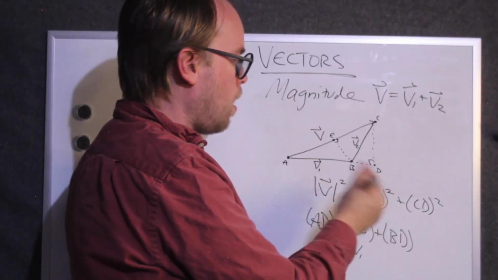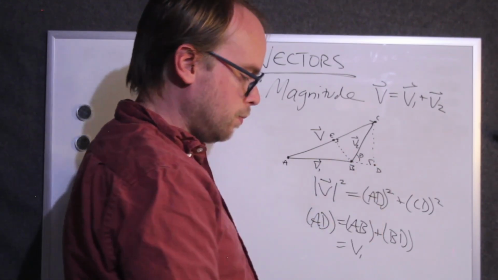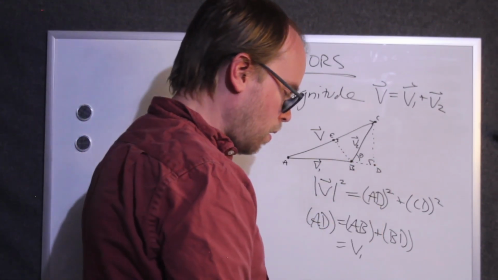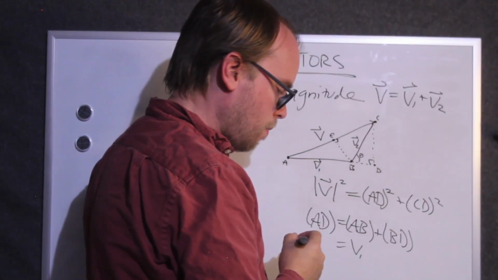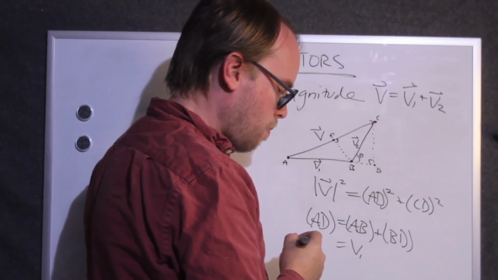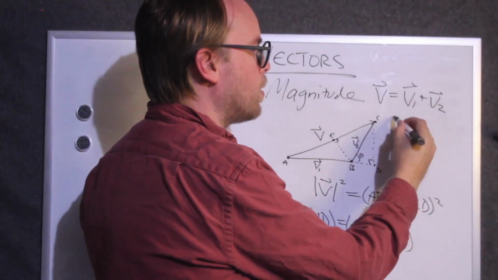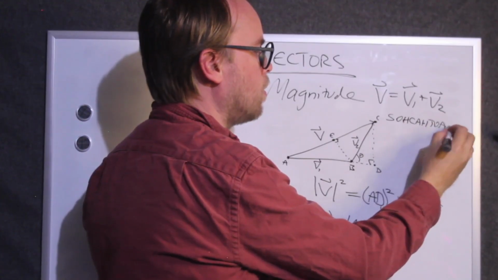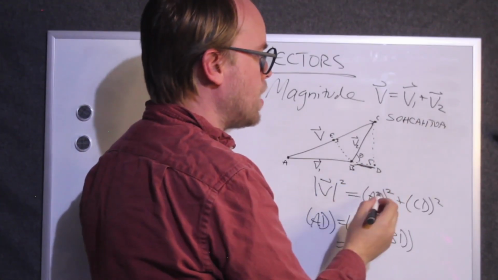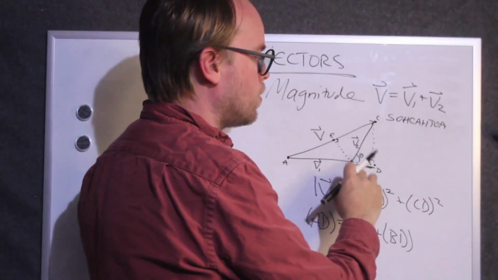Okay, so let's define this angle theta here. And from trigonometry, from our rules, we got SOHCAHTOA, right? So the length of this side, BD, that is the adjacent to the angle.